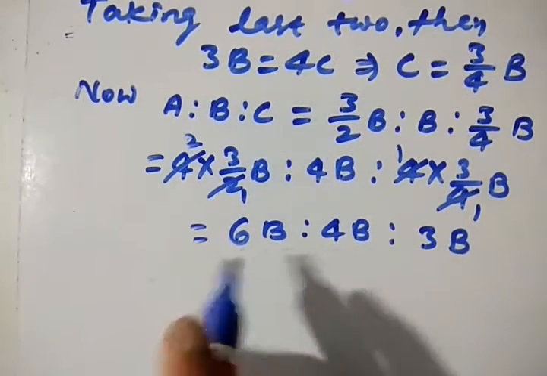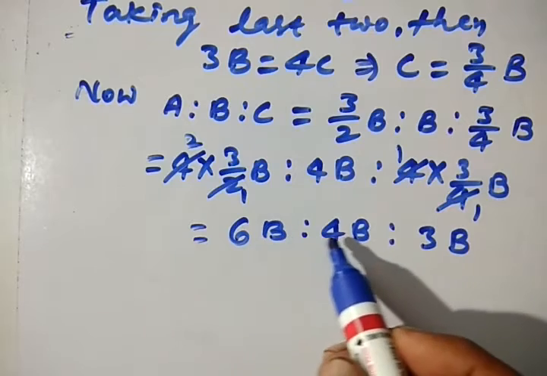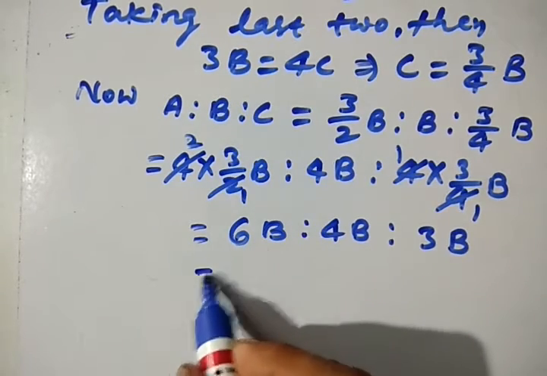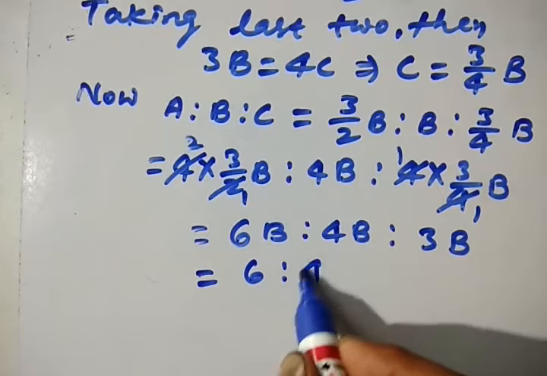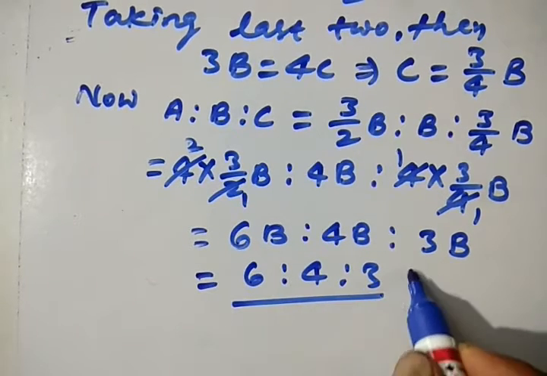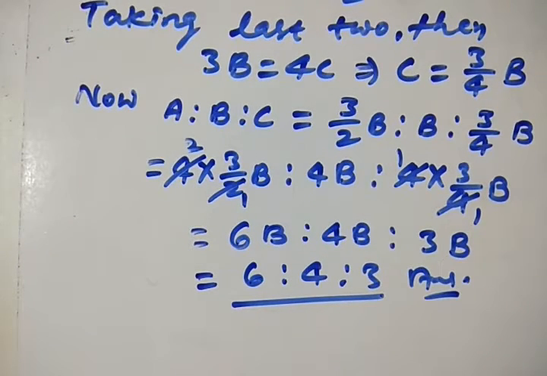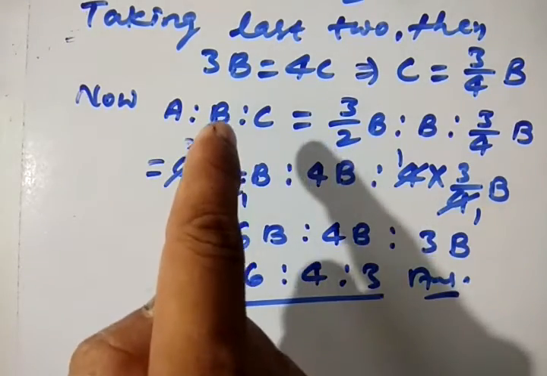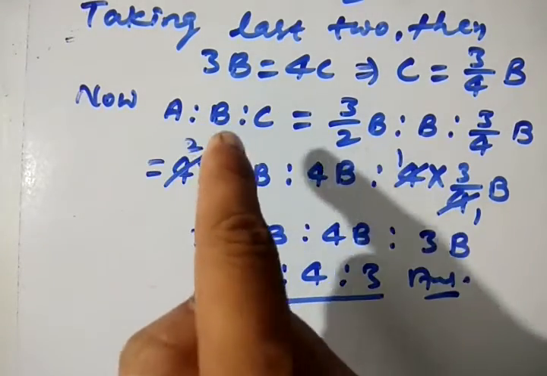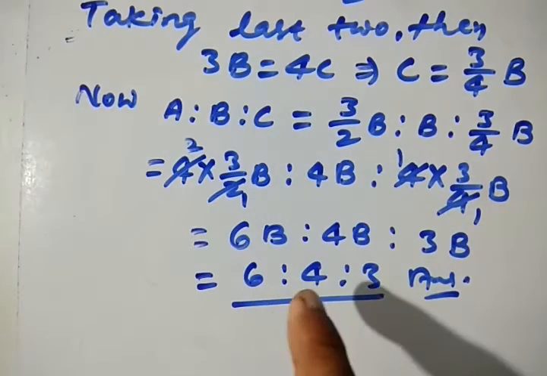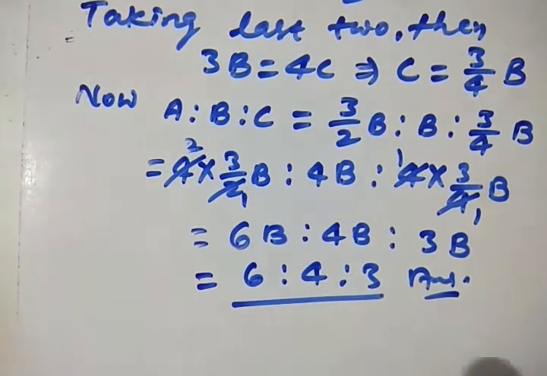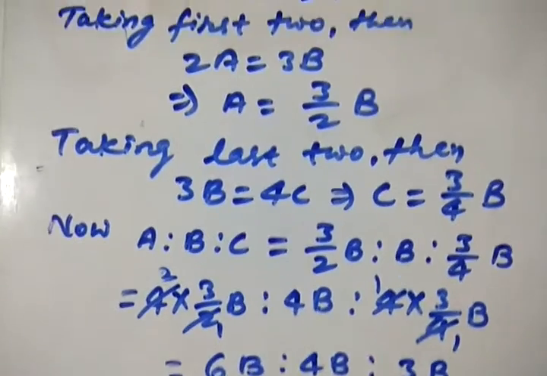Now again dividing each term by b, then we get 6 is to 4 is to 3. This is the answer of a ratio b ratio c, that is a is to b is to c is equal to 6 is to 4 is to 3. This is the first method.